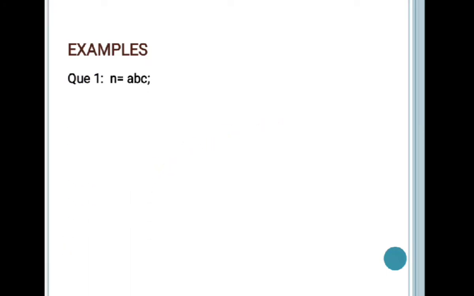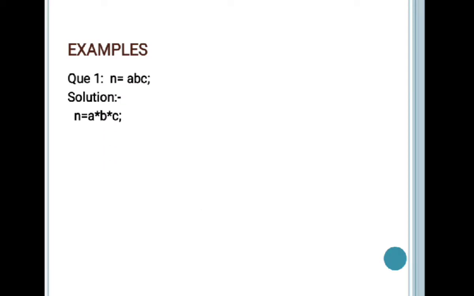Let us suppose we have n is equal to abc. This is a normal expression where you can understand a, b, c, all three variables, all three are operands. How are you going to write it in a Java program? For this, you have to write a into b into c.